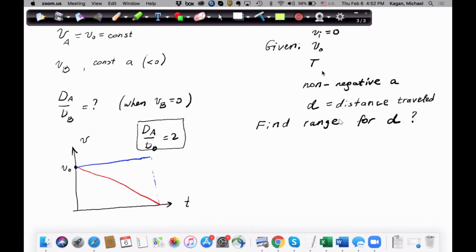You start from rest and accelerate with non-negative acceleration until you reach v naught. The time it took is t. What is the range? Like in what range is the distance traveled? What is the minimum distance and the maximum distance with this data? In other words, find d min and d max.